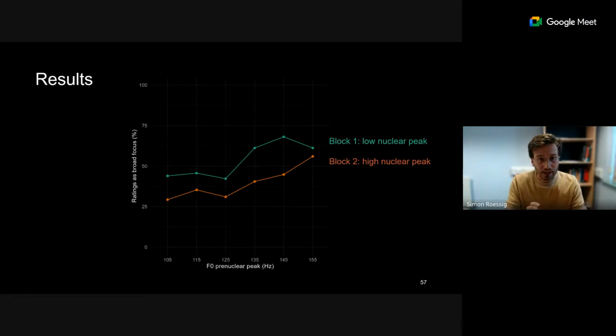And now we add the second block with a higher nuclear peak. And as expected for the same heights of the prenuclear peak, we get overall fewer ratings as broad focus. Or put differently, we need more acoustic salience on the prenuclear peak when the nuclear peak is higher to get the same proportion of ratings.